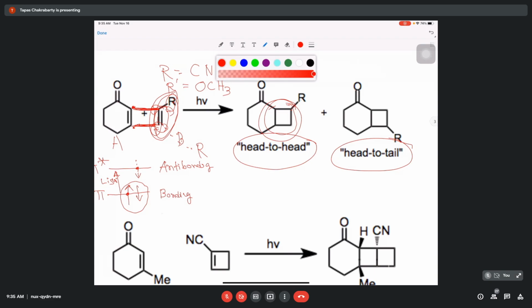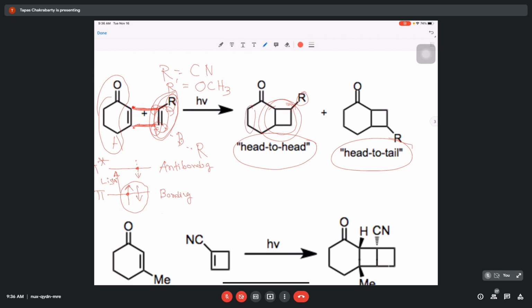Now, the story is not only here, because you can imagine that these molecules are actually not planar molecules. These are actually non-planar molecules. Non-planar molecule means this side of the molecule is not actually in the same plane. So although you have this R group and this carbonyl group on the same side, this other situation can also happen.